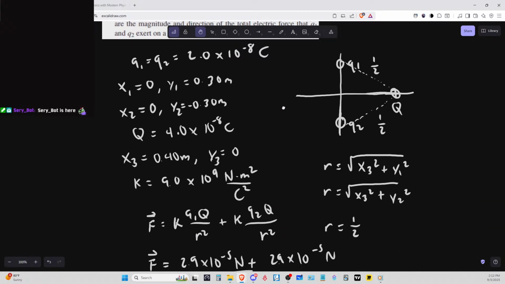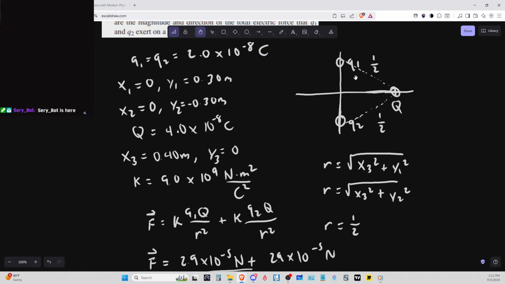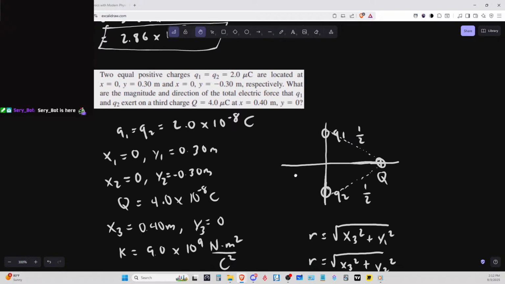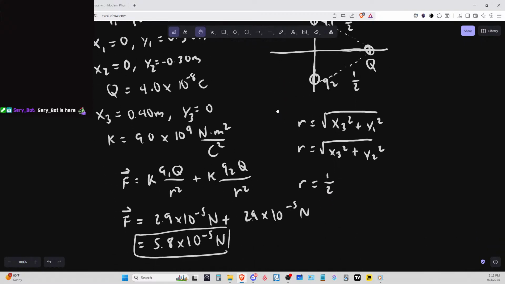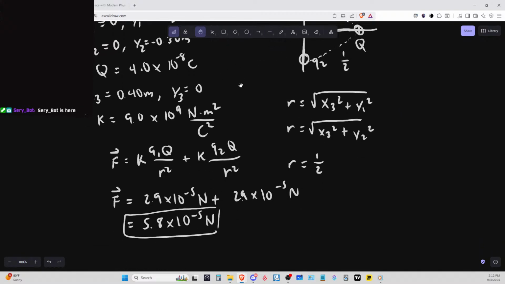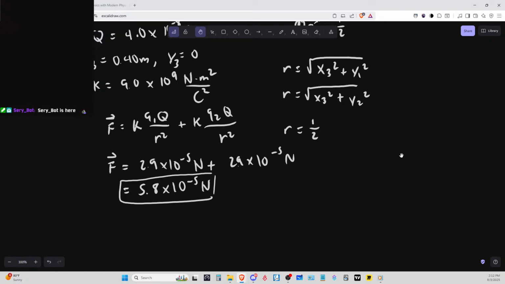Well, it's going to repel, because they're all like charges, they're all positive. So now I think we can just do tangent, because we can get the angle, and I think the angle will tell us the direction of the force.